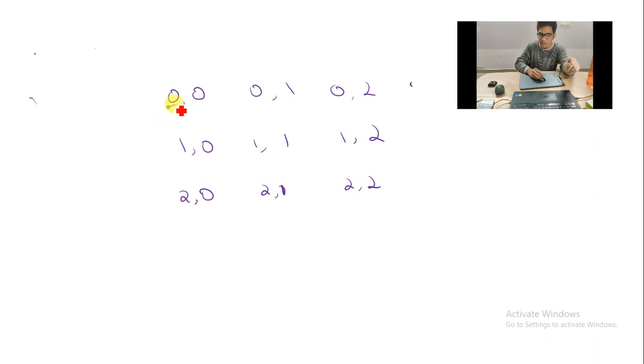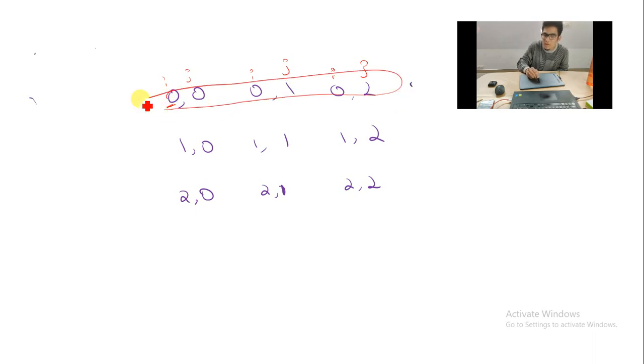Don't you think the first value is the i value, because we are printing i plus j? The first value is the i value and this is the j value. Everywhere it is like this, yes. Now tell me, what is common here in that row?